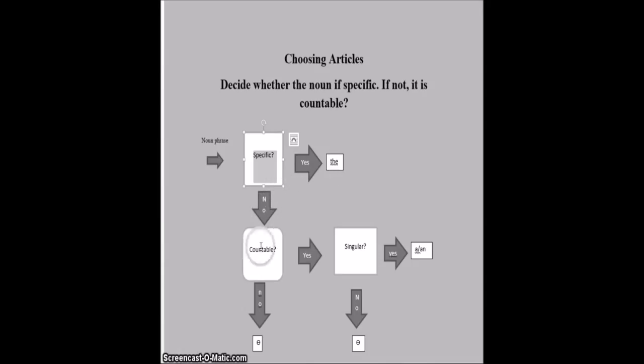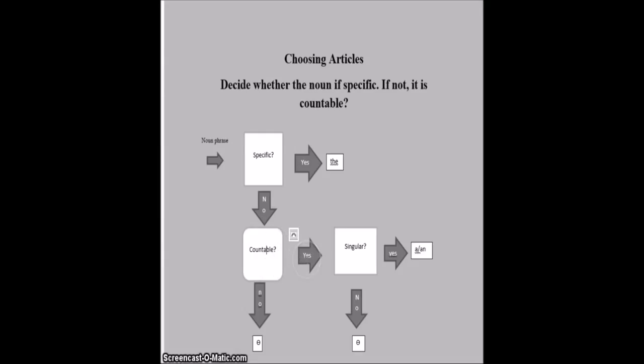If it's not specific, the second question that you need to ask is whether it's countable. And again, countable can be a very difficult concept. Countable means, can you have more than one? Can you count them individually? Most words are either countable or not countable, and some words are both, but have different meanings.